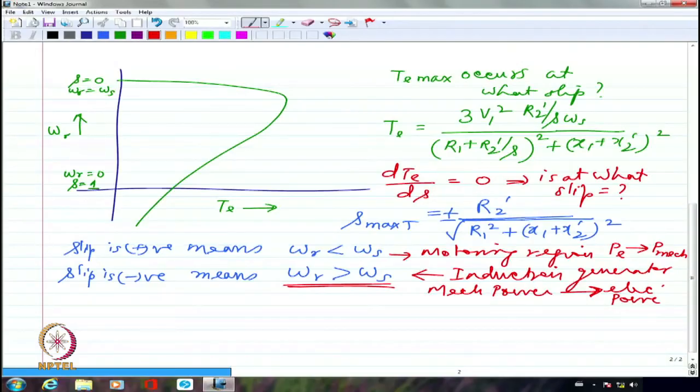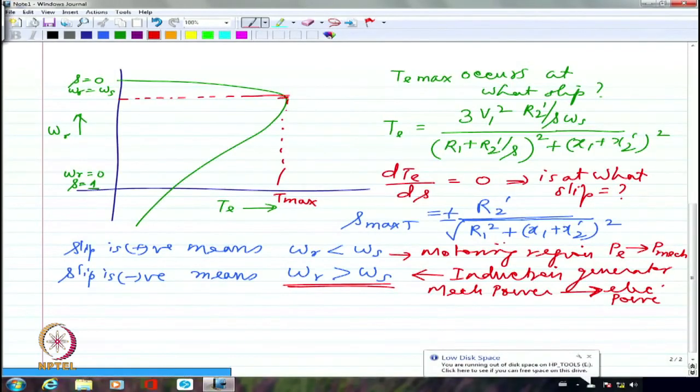So now this point, which probably corresponds to the maximum torque, we will again calculate by substituting this slip value into this. If I substitute this maximum slip value into the torque expression, I will get the maximum torque.